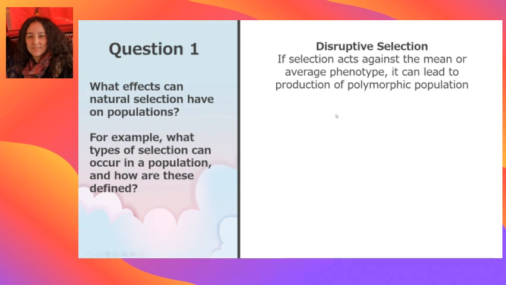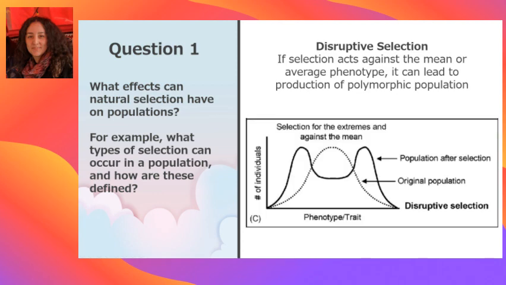Next, we have disruptive selection. So if selection acts against that mean or average phenotype, it can lead to a production of polymorphic population. So here, let's say this left side is white flowers. We've got pink in the middle and red on the right. So we have selection acting against this pink flower.